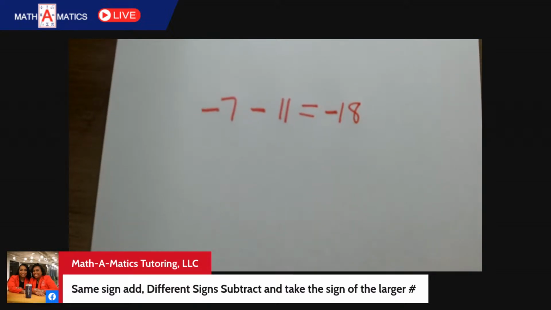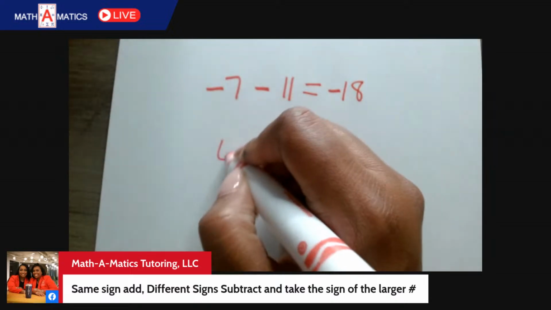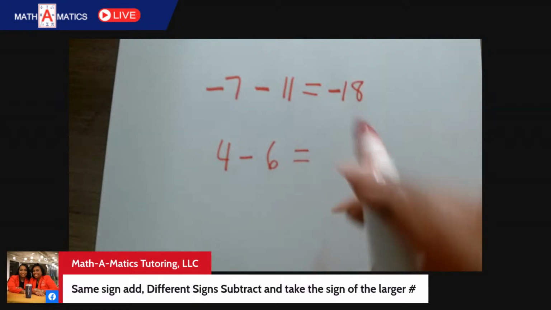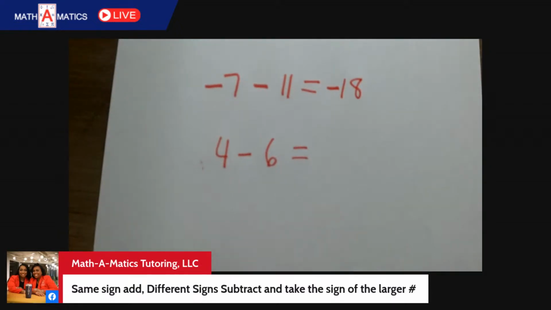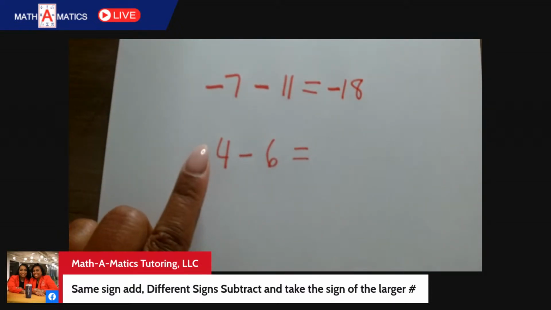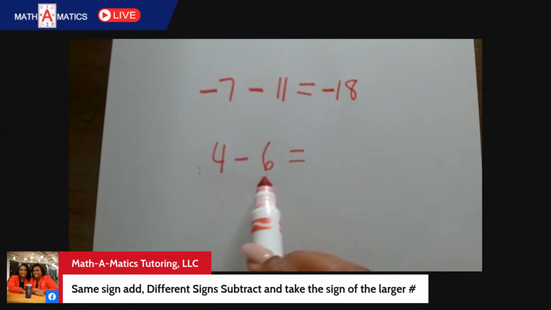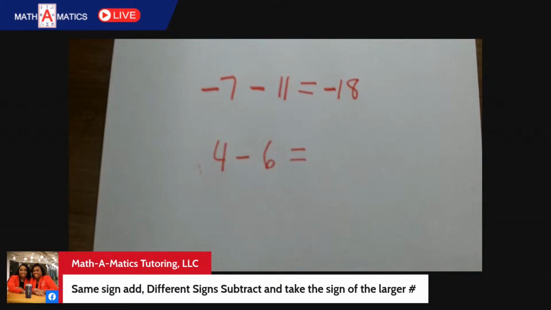Now, if I said instead we have 4 minus 6, well, 4 is positive here, right? Because there's no negative sign. So the 4 is positive and the 6 is negative because it takes on that minus. So they're different signs. So now we're actually going to subtract, like regular, 6 minus 4 because 6 is the bigger number.